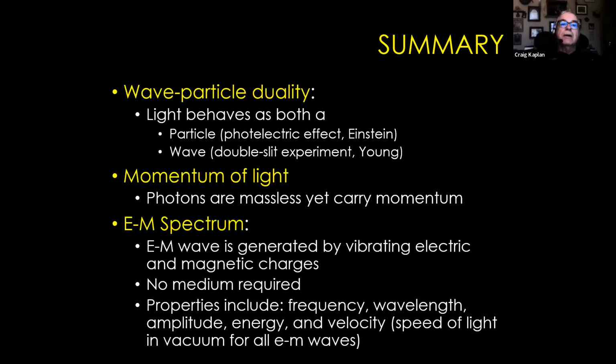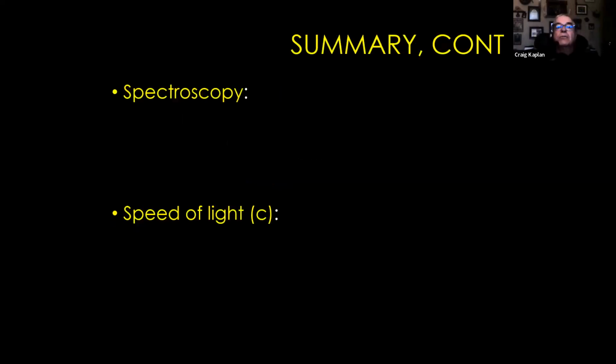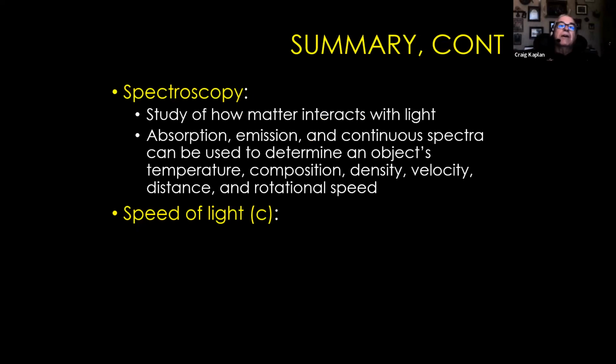No medium is required, and the properties include these properties. Spectroscopy is the study of how matter interacts with light, and absorption, emission, and continuous spectrum can be used to determine an object's temperature, composition, density, velocity, distance, and rotational speed, in addition to, I'm sure, many other things for people who are smarter than me. And the speed of light is those numbers.